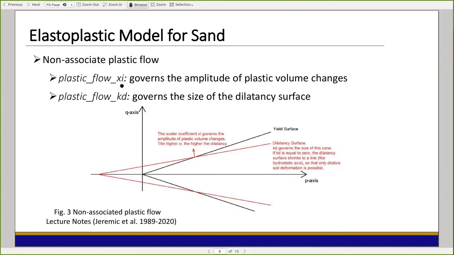The parameter C governs the amplitude of the plastic volume change of this plastic flow direction, and the parameter KD controls the size of this dilating surface. So as you can imagine, if we set KD equal to 0, this dilating surface will shrink to a hydrostatic line, which is essentially the p-axis.